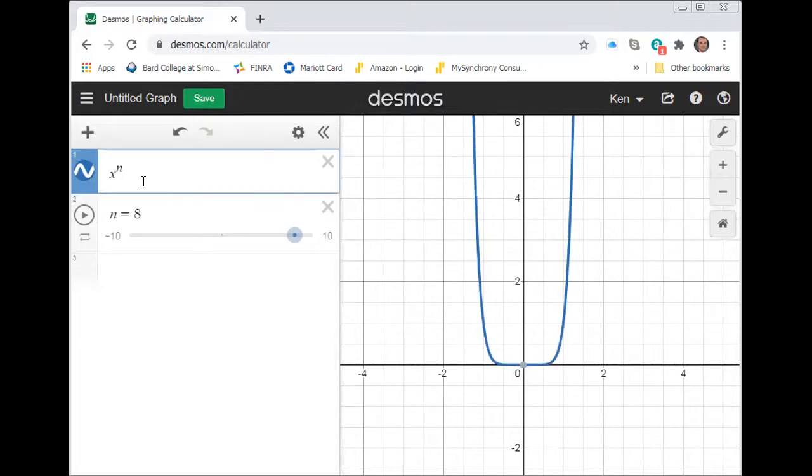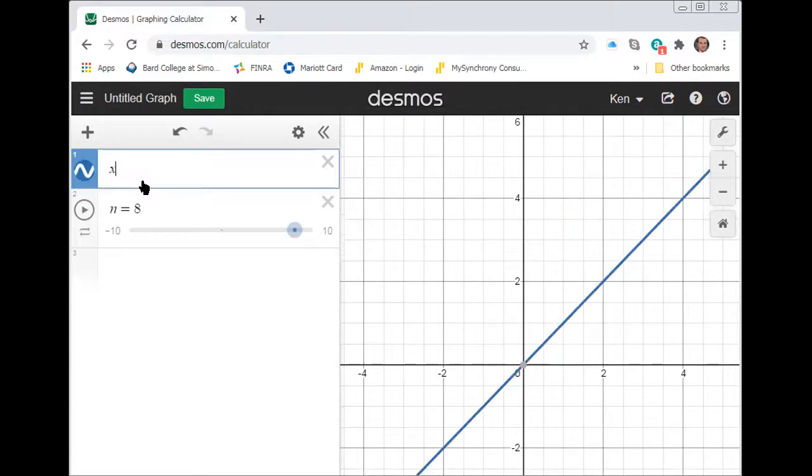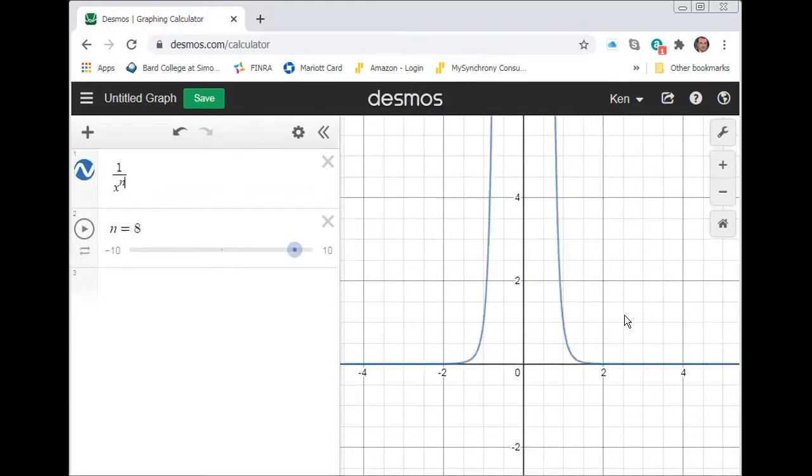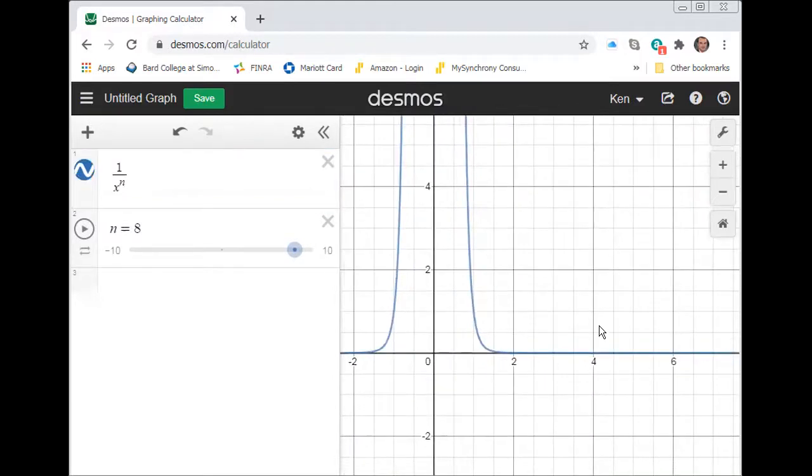And also, if you do 1 over x to the n, then the reverse is true, because now as x goes to infinity, the 1 over x to the n is going to 0. And that's always going to be true so long as n is bigger than 0.